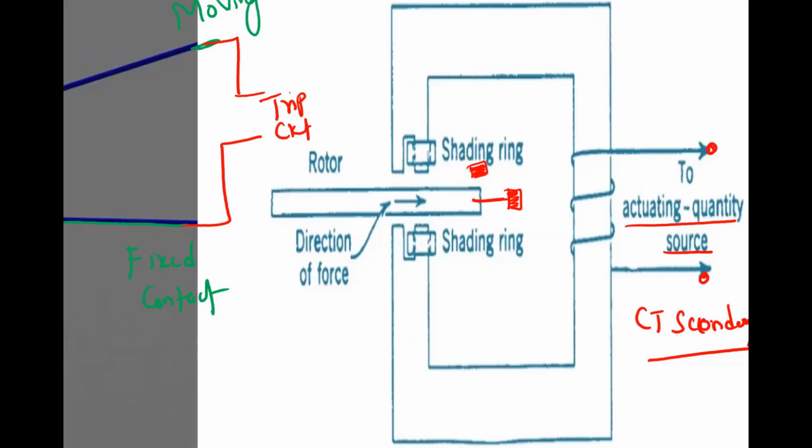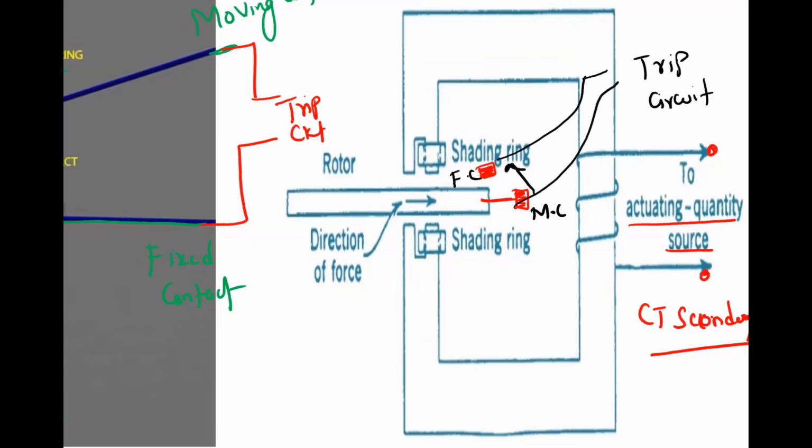When this disc rotates in this direction, the moving contact gets in contact with the fixed contact, and these again are given to the trip circuit. Here it is based on torque, because to rotate the disc we require torque. Here, to move the armature you require force.